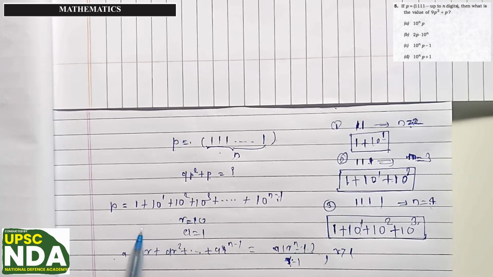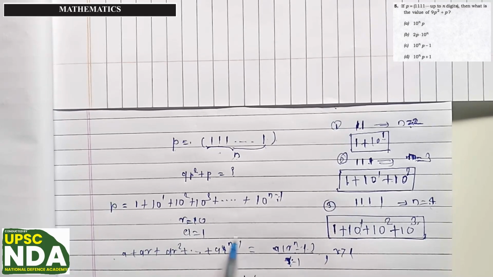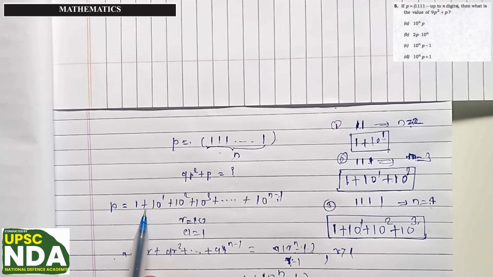Now substitute the values for the sum of n terms. The first term is 1, and r raised to n means 10 raised to n, minus 1, upon r minus 1, which is 10 minus 1. So the sum of n terms of our series p is equal to 10 raised to n minus 1 upon 9.